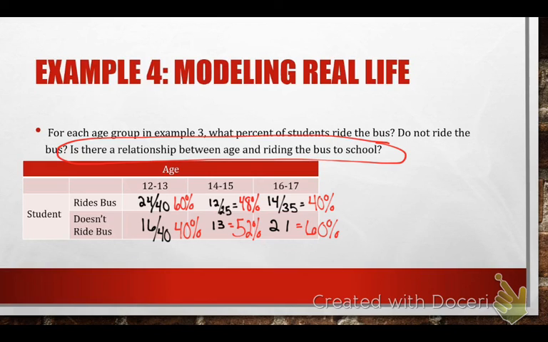Right? Okay. So to answer this question, I'm going to say, yes, there definitely is a relationship. As age increases, students are less likely to ride the bus.